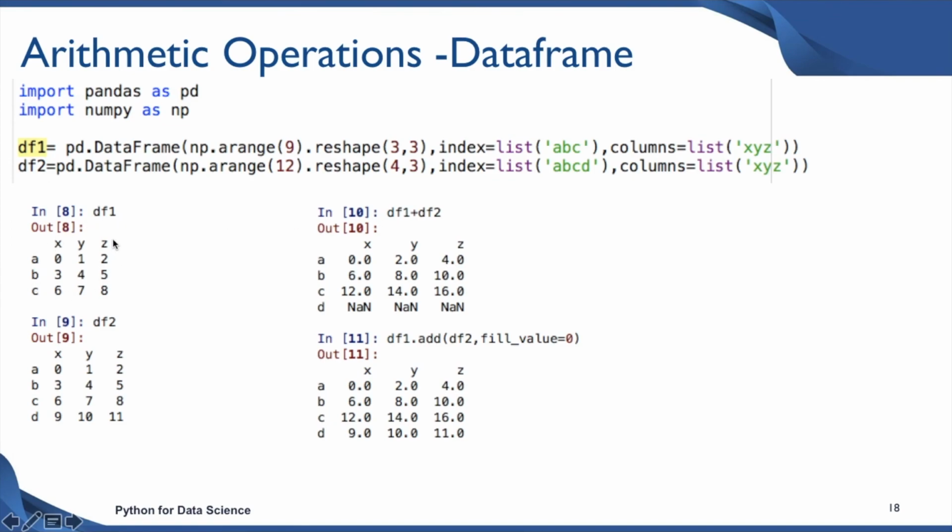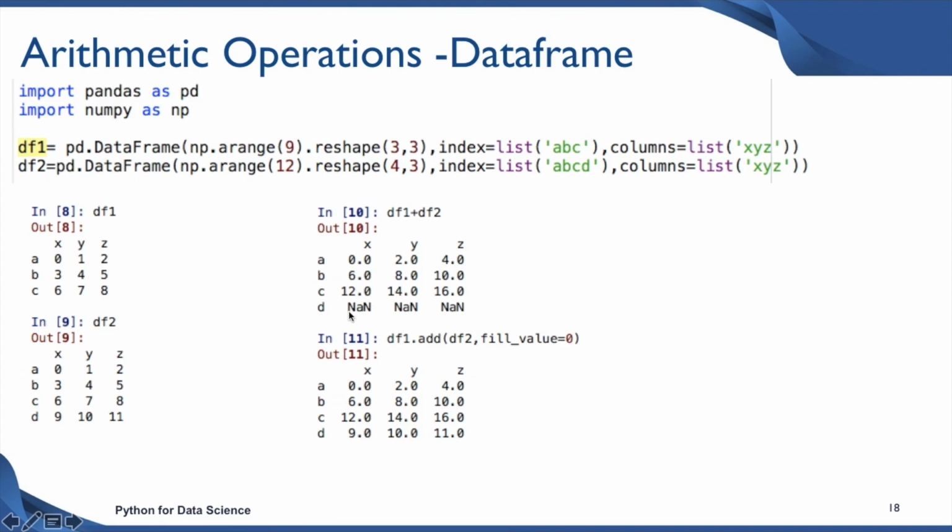We have the data frame df1 and another one, df2. If we add these, all the corresponding values will be added, right? For example, 0 plus 0 is equal to 0, 3 plus 3 is equal to 6, and 6 plus 6 is equal to 12, right? We don't have any d. Here it has specified NaN because in data frame 1 there is no index corresponding to d, right?